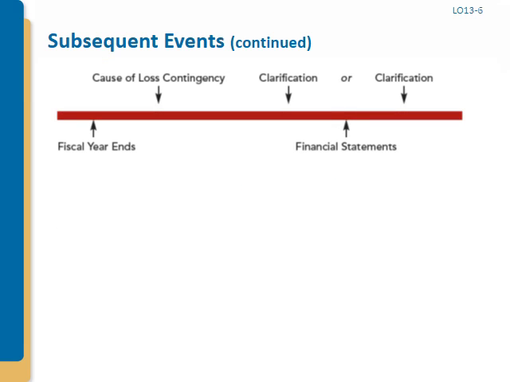Sometimes the event causing a loss contingency occurs after the end of the year, but before the financial statements are issued, as shown on the timeline. When a contingency comes into existence after the company's fiscal year end, a liability is not accrued because it didn't exist at the end of the year.